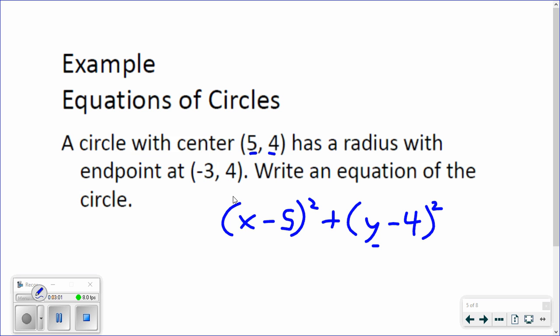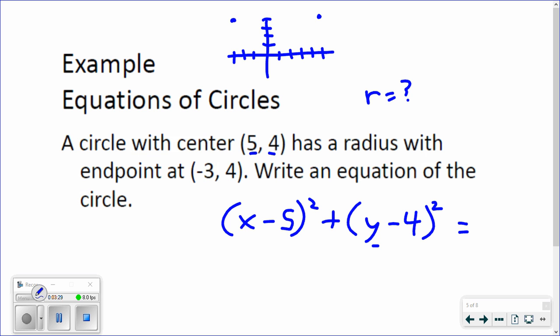And then what we need to find here is the radius. Well, what is the radius? It's nice that they give us a coordinate grid: we count over 5 units and up 4, so 5, 4 is about there, and an ending point at negative 3, 4, which is 1, 2, 3, and it's still the same height.